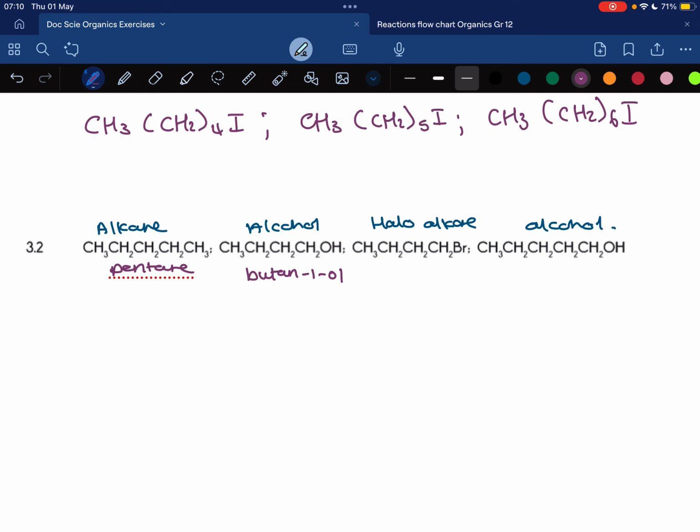The last one is 1, 2, 3, 4, 5, so that's pentan-1-ol. And then the haloalkane is just going to be 1, 2, 3, 4, so it will be 1-bromobutane.